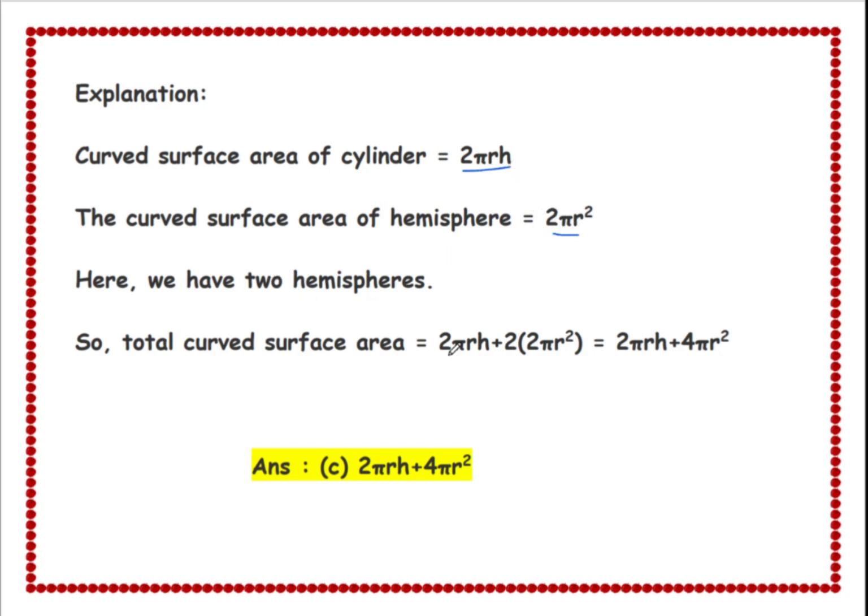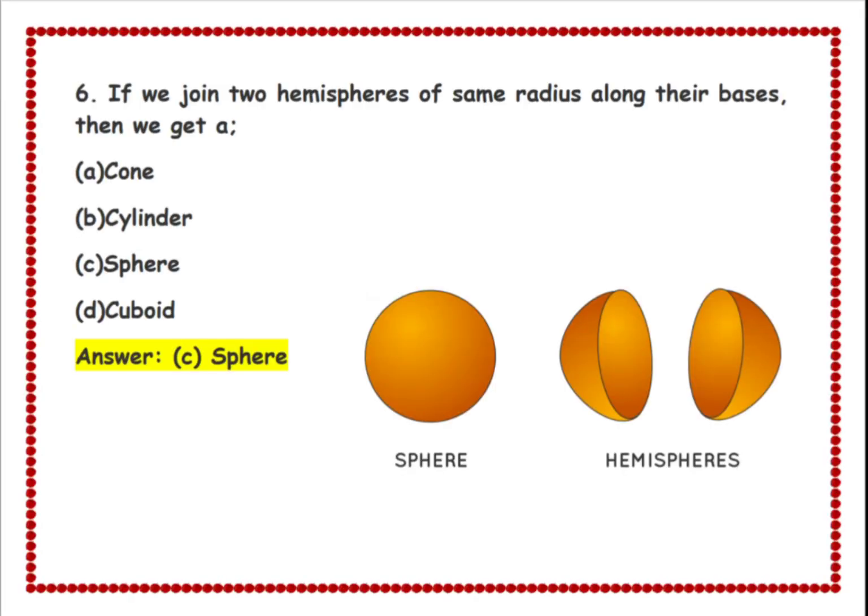Curved surface area of cylinder is 2 pi rh. Curved surface area of hemisphere is 2 pi r square. Now, if we add, we get 2 pi rh plus 4 pi r square. Therefore, the correct answer is option C. You can expect this kind of questions for your exam.